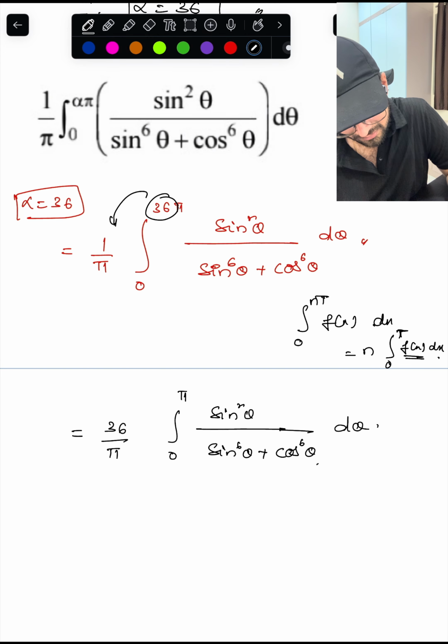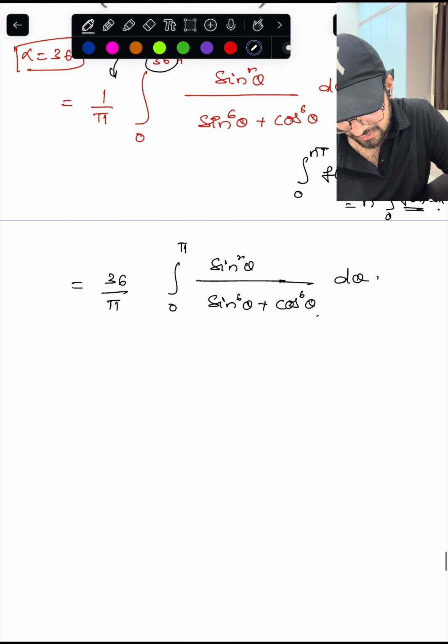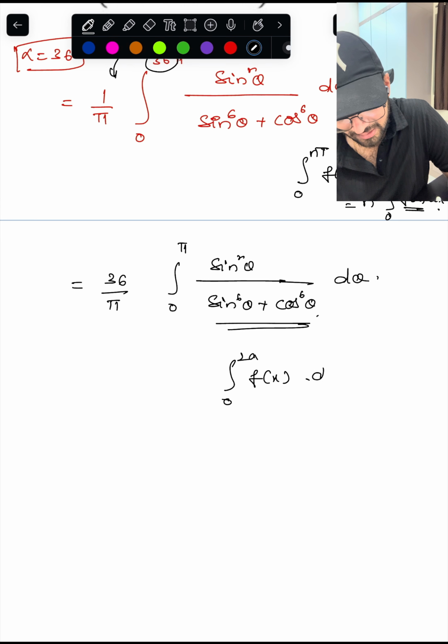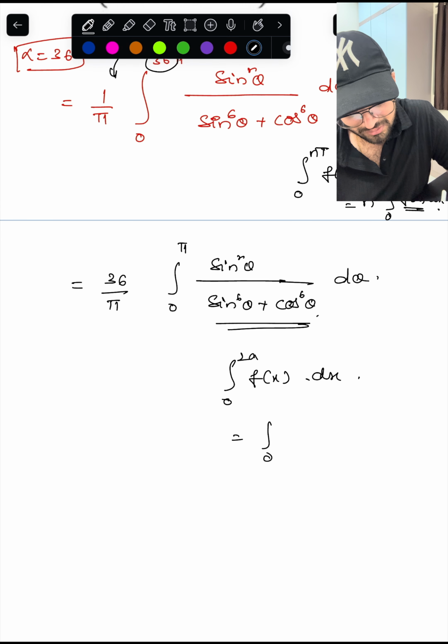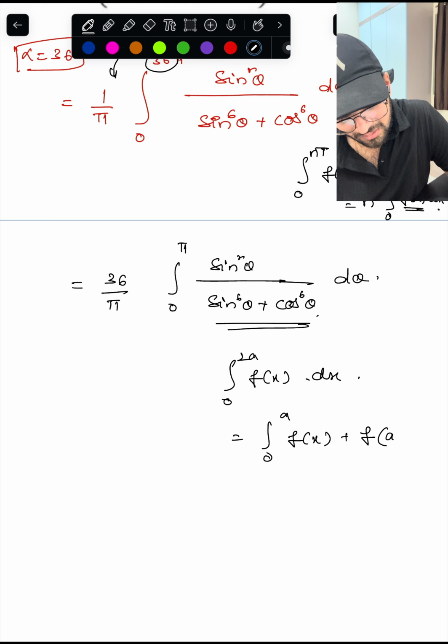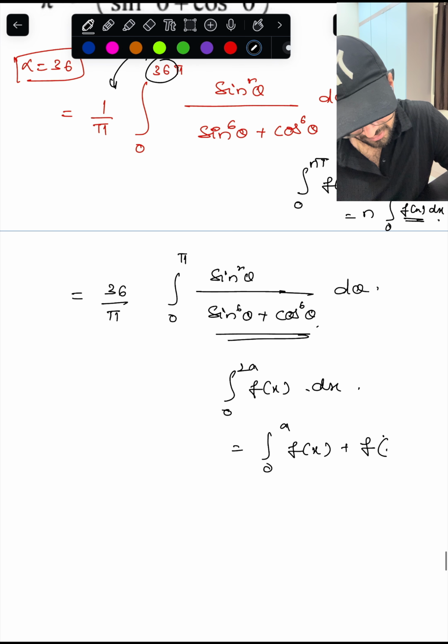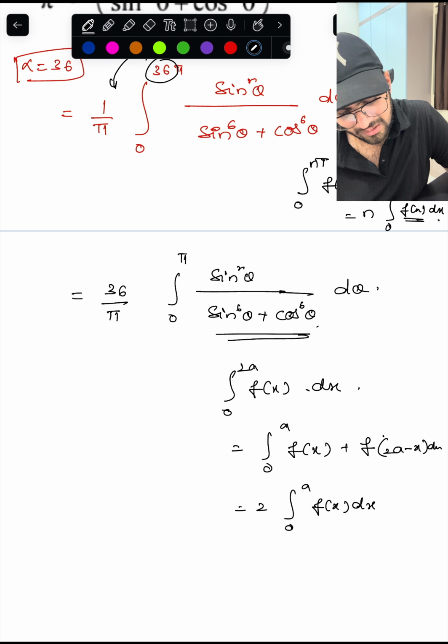Now again, 0 to pi is there, so I can reduce it using the property: the integral from 0 to 2a of f of x dx is the integral from 0 to a of f of x plus f of 2a minus x dx, or else this is nothing but 2 times the integral from 0 to a of f of x dx if f of 2a minus x equals f of x.